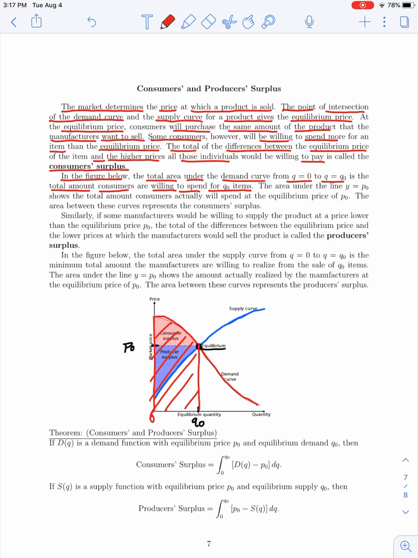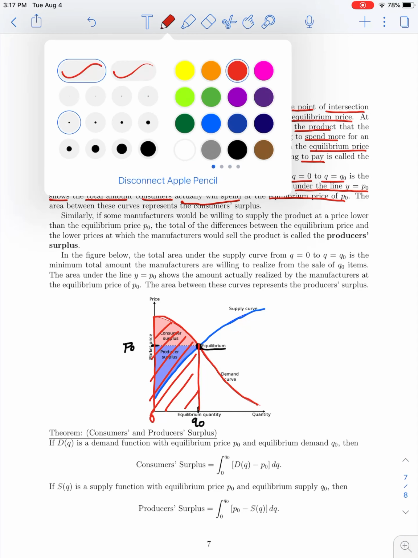Now, if we consider the area under the line y equals P naught on that same interval, this would show the total amount consumers will actually spend at this equilibrium price of P naught.